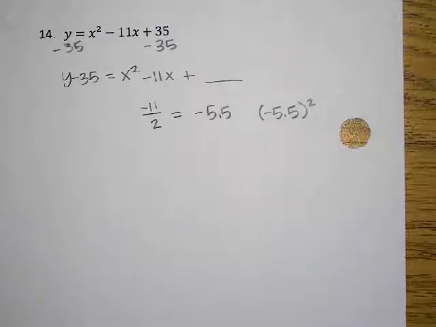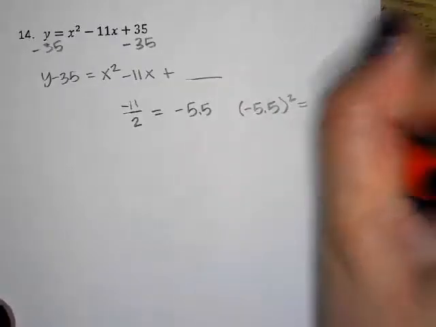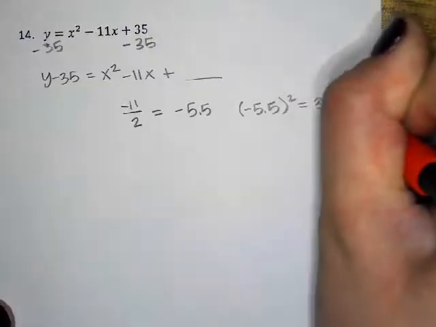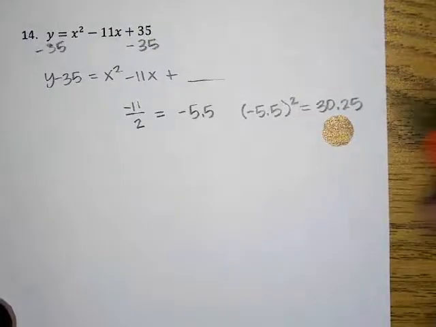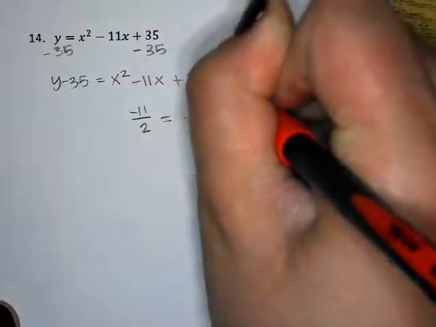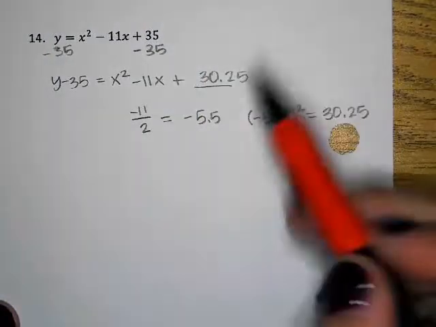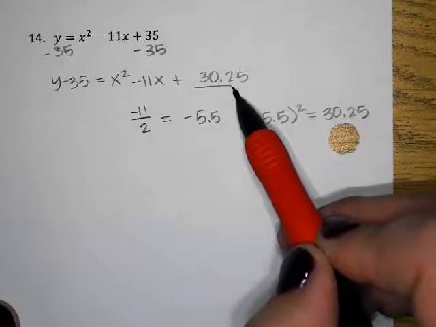And when we square it, we do not get 25.25. That's not what we get. It's probably somewhere close to 30. Anyone know what it is? 30.25. Okay, so negative 5.5 squared is 30.25. So where do we put the 30.25? We put it in the blank, and then where else do we put it? If we add it to the right side, where else do we have to add it? On the left side.